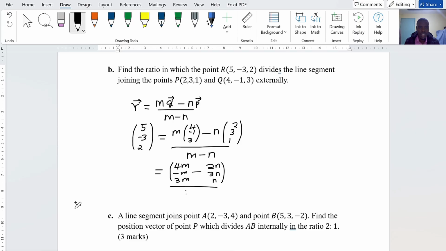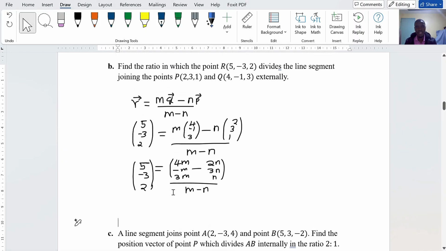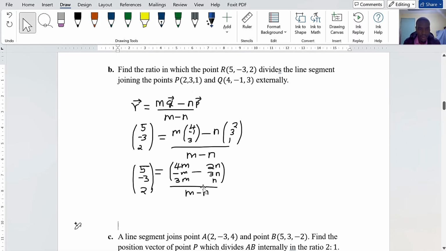All this divided by m minus n. And this side we have 5, negative 3, then 2. Remember, we are asked to solve for the ratio, so our deal here is to ensure you get the value of m over n from this problem.